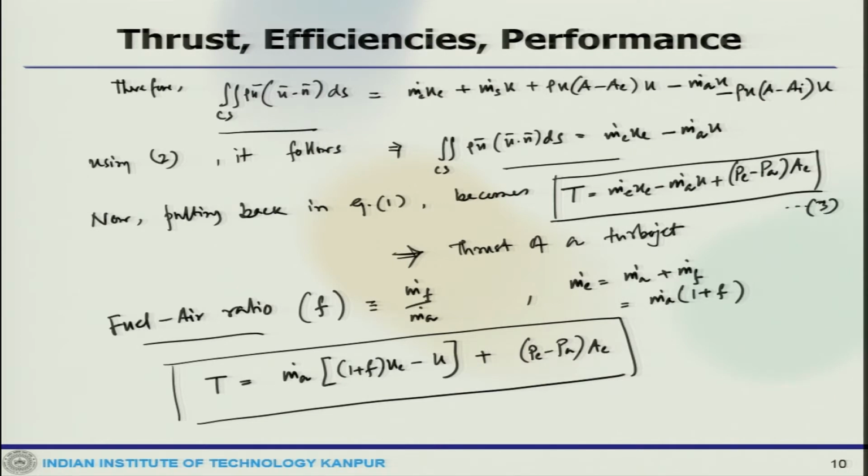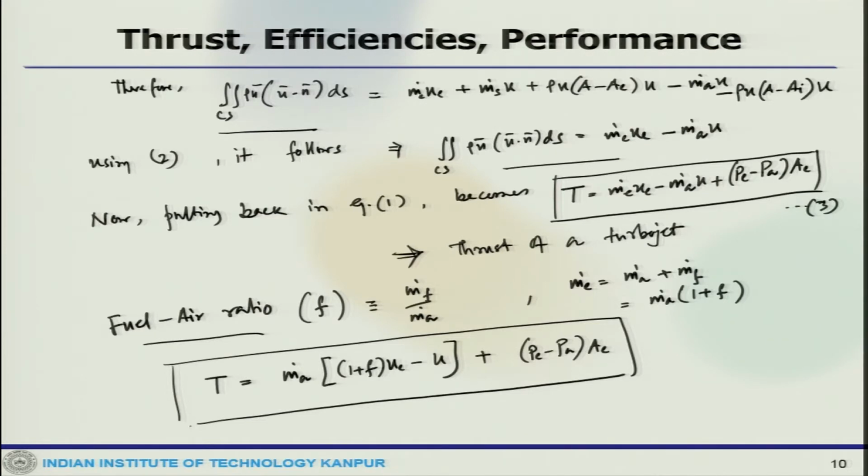They are important because, if you look at the engine specification in any book, the pressure ratio, speed, efficiencies, range of operation, and fuel air ratio are given.